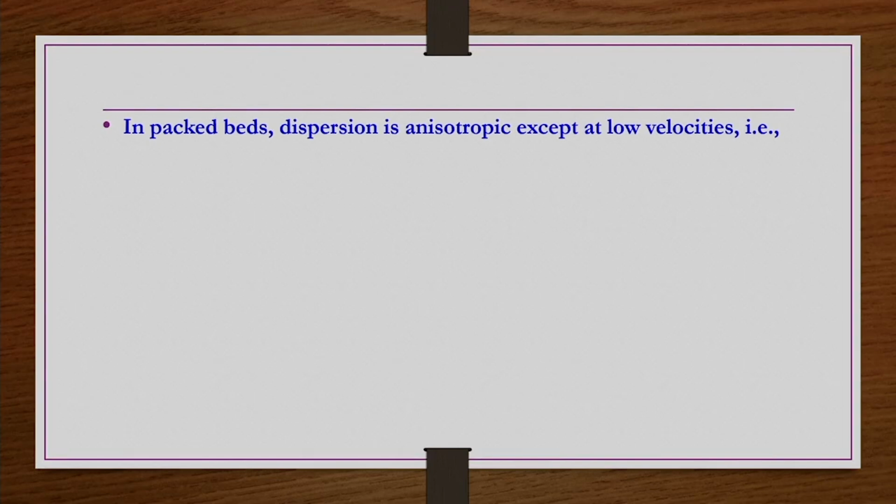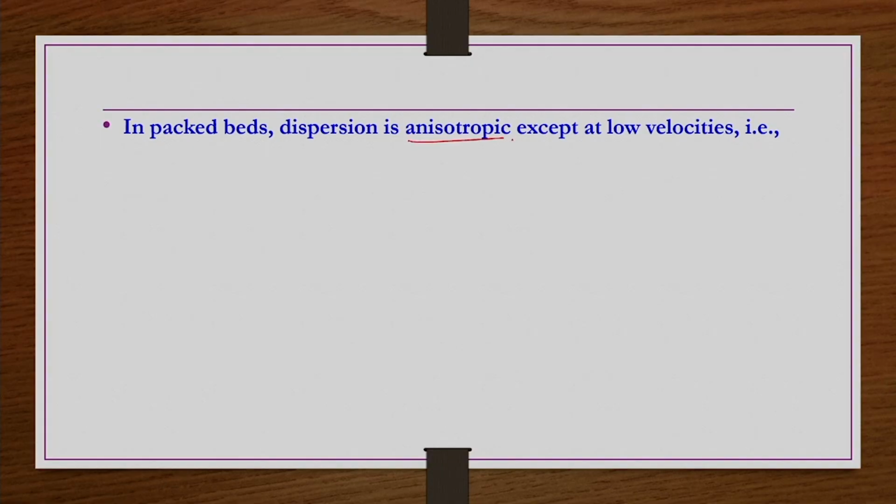In a packed bed, dispersion is anisotropic except at low velocities, because at low velocities molecular diffusion dominates. The contribution to the dispersion because of the radial mixing in the cells is very small compared to molecular diffusion at low velocities or small Reynolds number.